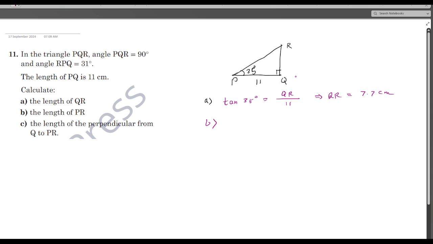Now B, the length of PR. For PR, we will use cos of 35. Cos of 35 degrees is equal to PQ divided by PR.